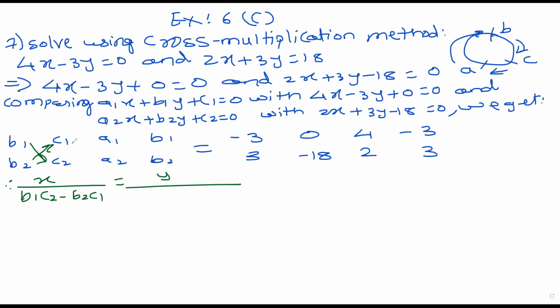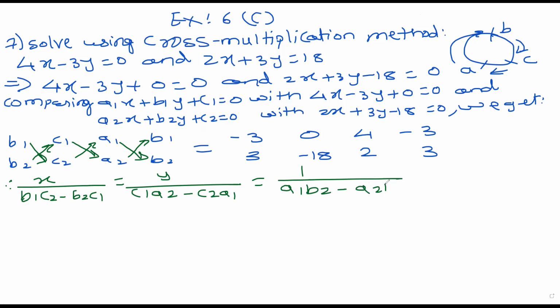So you get c1 a2 minus c2 a1, and finally you write 1 upon. Here you don't take the constant term, so you multiply the coefficients of x and y. So we have a1 b2 minus a2 b1.